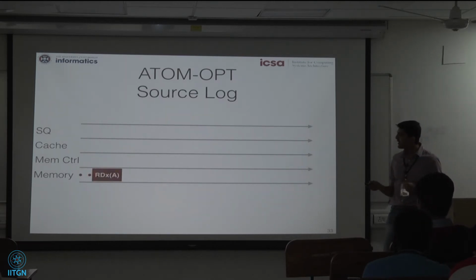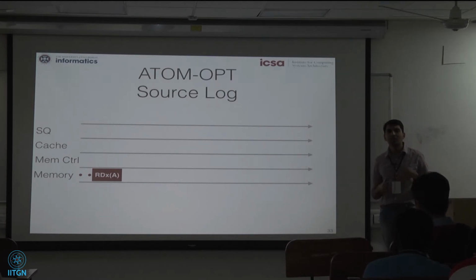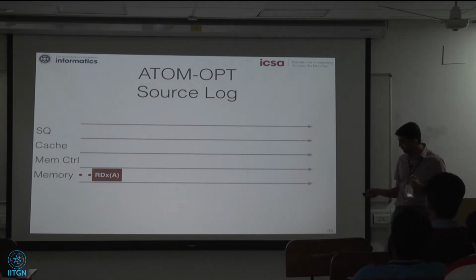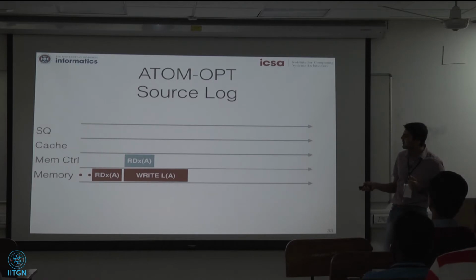So first of all, if it's an atomically durable update, the read request that goes to the memory will say that this read request is for a store which is part of an atomic durable update, and that is why there's this read X. When that request completes, the memory controller will immediately issue a log write, because the old value that it needs to write for the log, it has just read from memory.